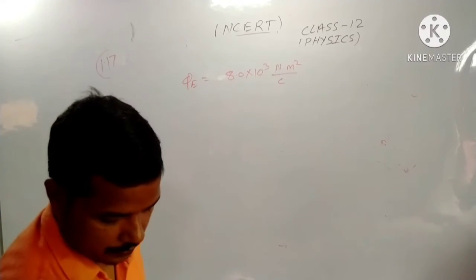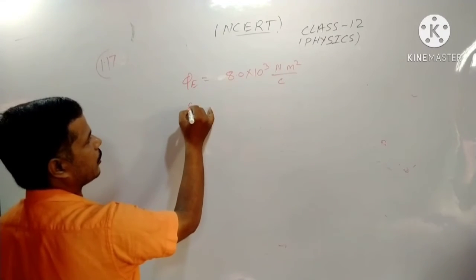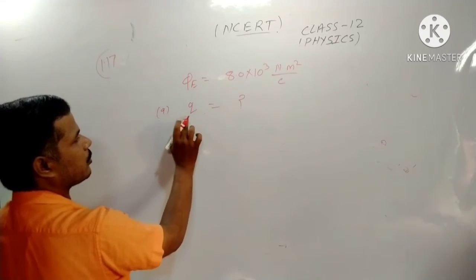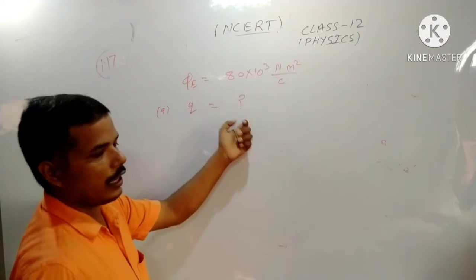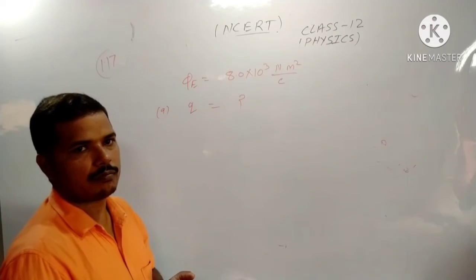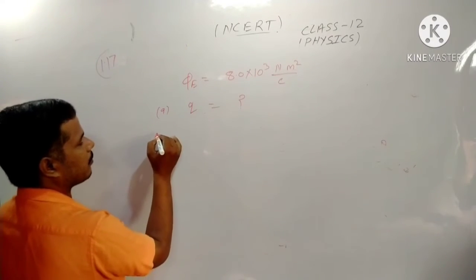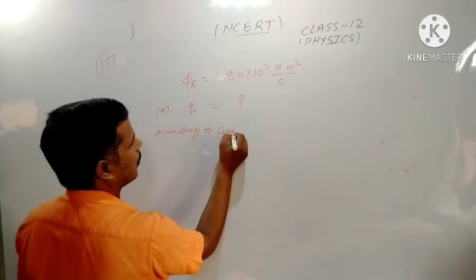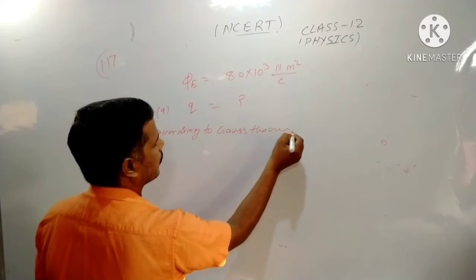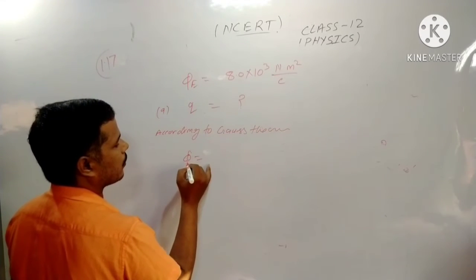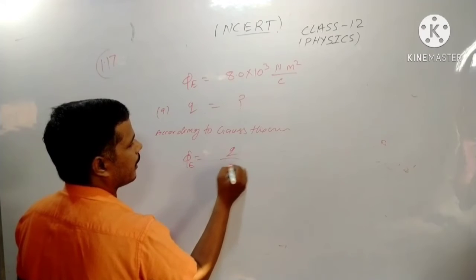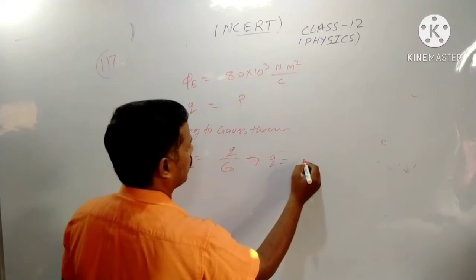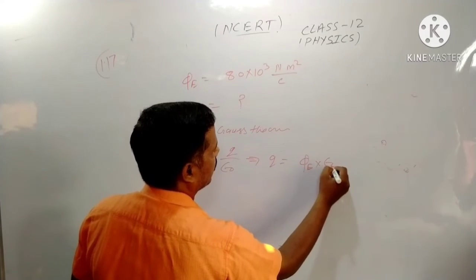And now it is asked what will be charge Q. The first part of the question is what will be the charge in the box. So according to Gauss theorem, flux phi is equal to Q by epsilon naught. So charge will be Q is equal to phi E into epsilon naught.